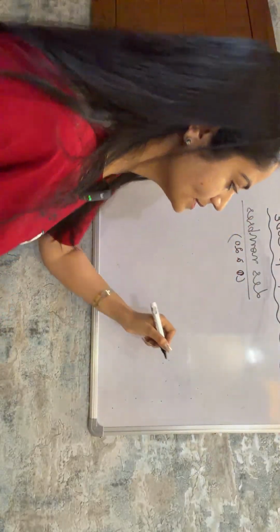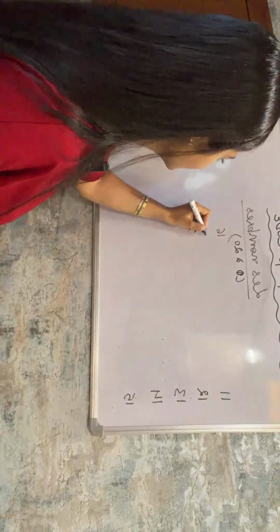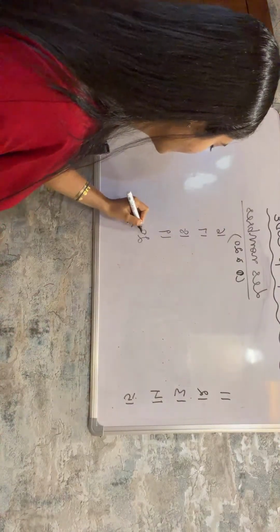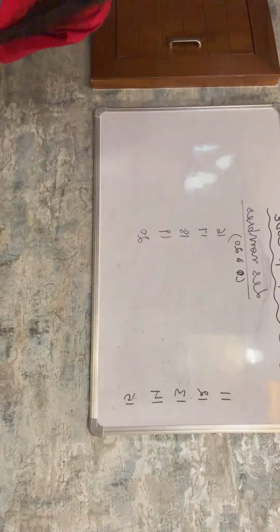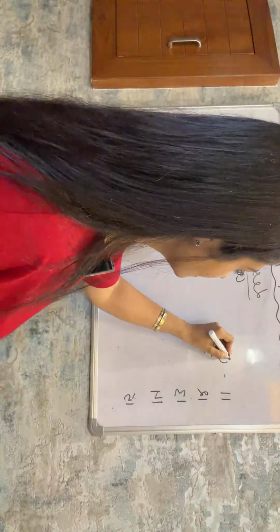So let's do 11 to 20. That is, onze à 20. Let's do it. First one is onze.